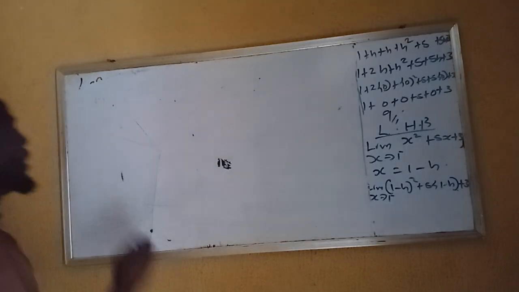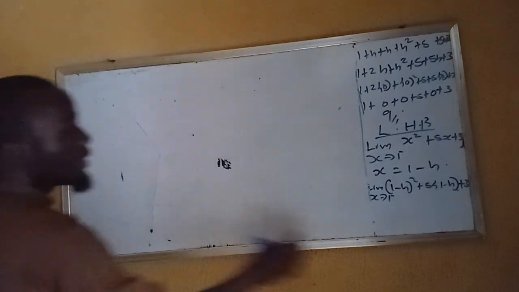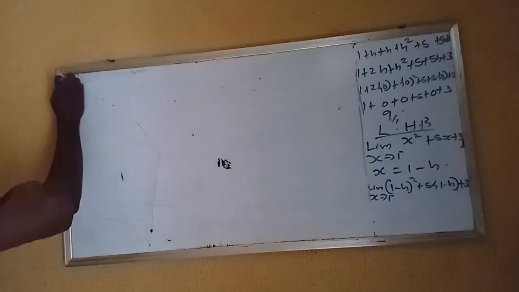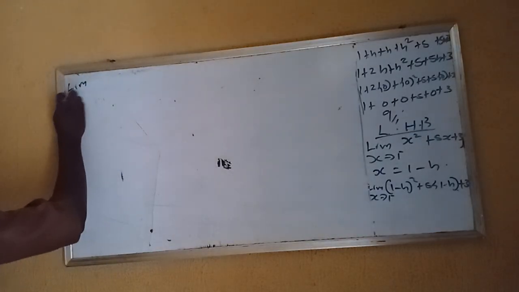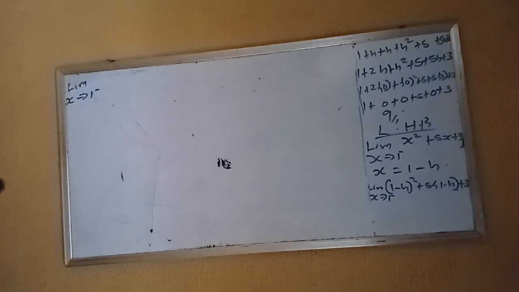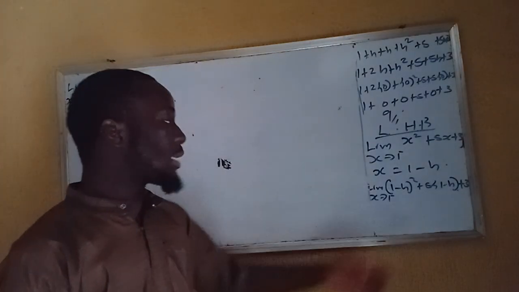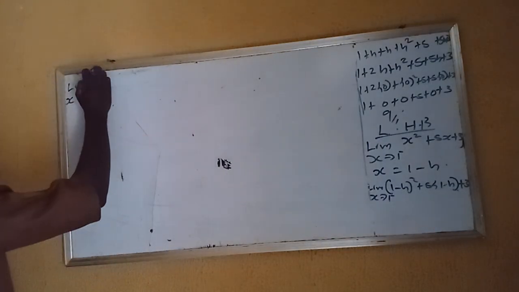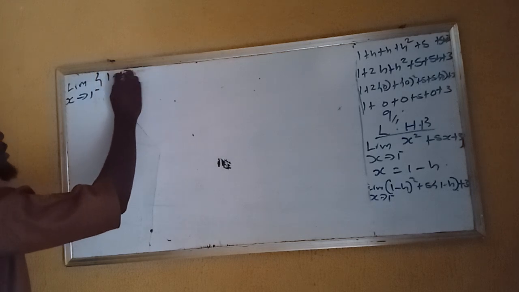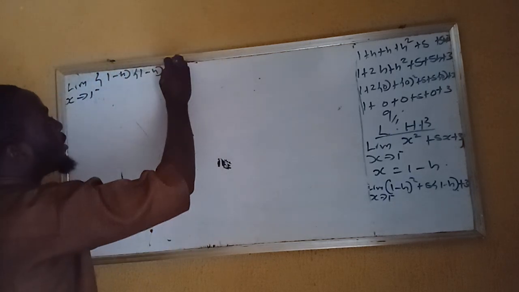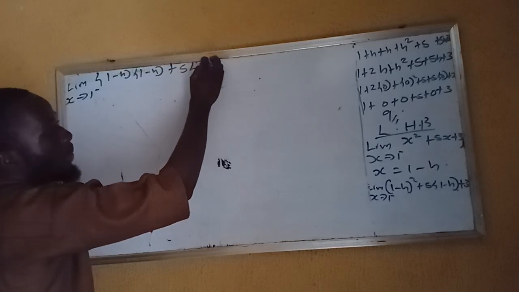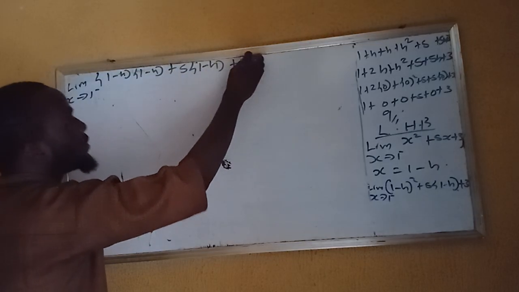So right here, from here, you will say the limit as x tends to 1 minus. Open the bracket, you have 1 minus h, 1 minus h. This is 1 minus h all squared, plus 5 times 1 minus h, plus 3.